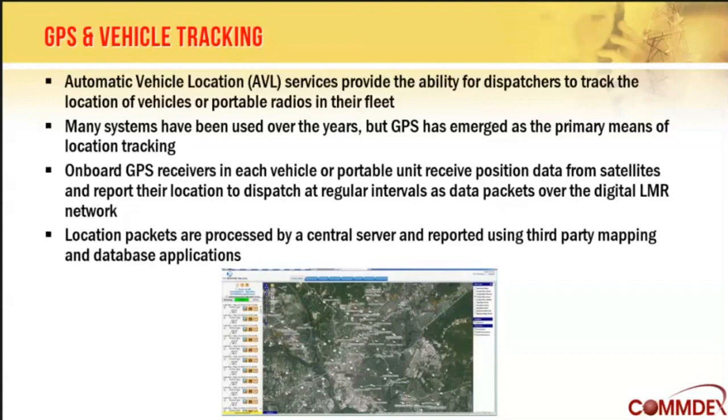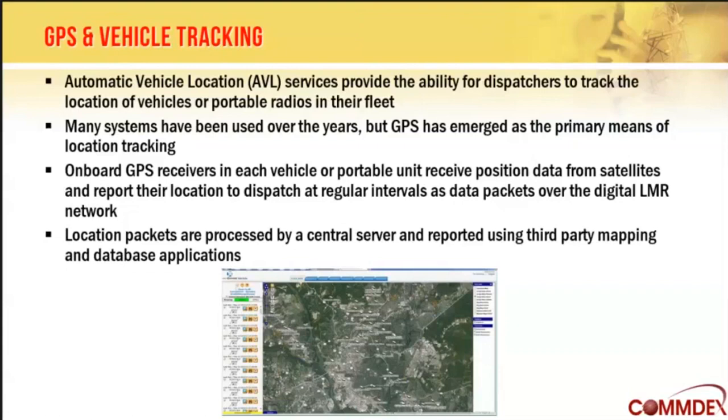There's a lot of different ways you can do it, but what they all have in common is the GPS is embedded in the user radio. It's tracking the location, and on demand or on period, it sends that location back to the dispatcher, which is then tracked on a third-party application to provide a map display.